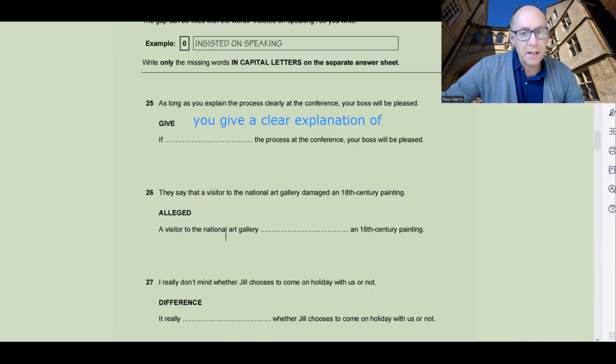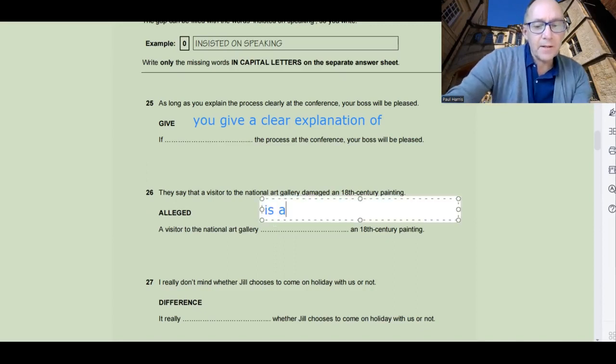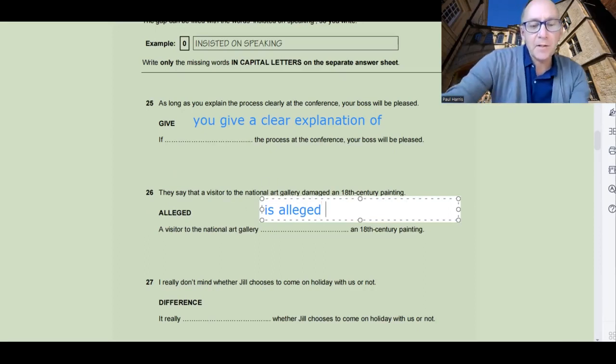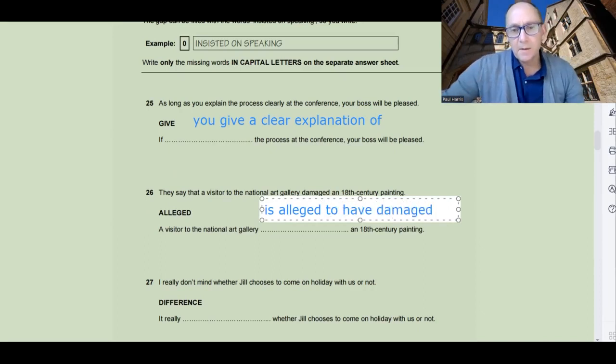So a visitor to the National Gallery is alleged, okay, because it says here they say, so that gives us present tense. Now, we're talking about something that happened in the past. Okay, so is alleged to have damaged an 18th century painting.